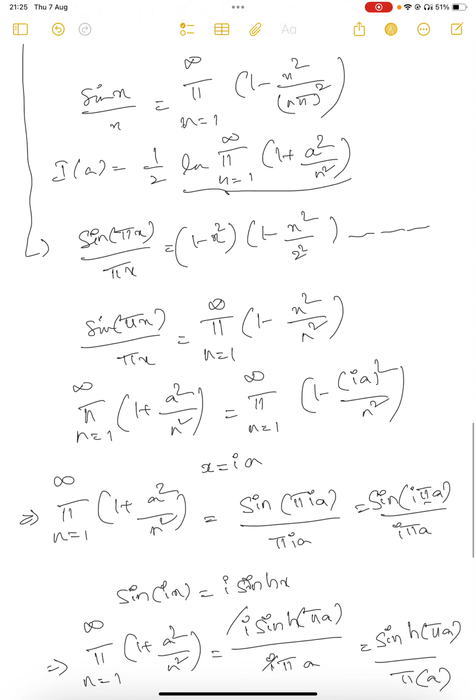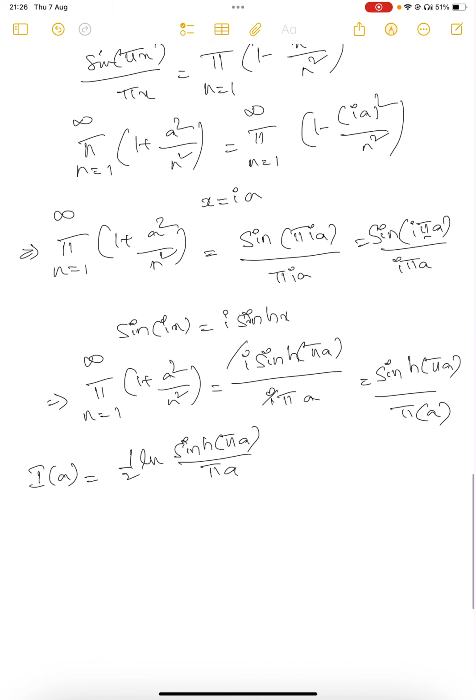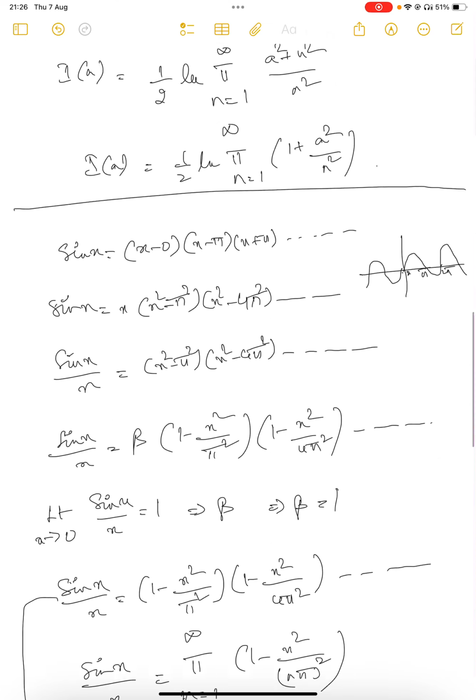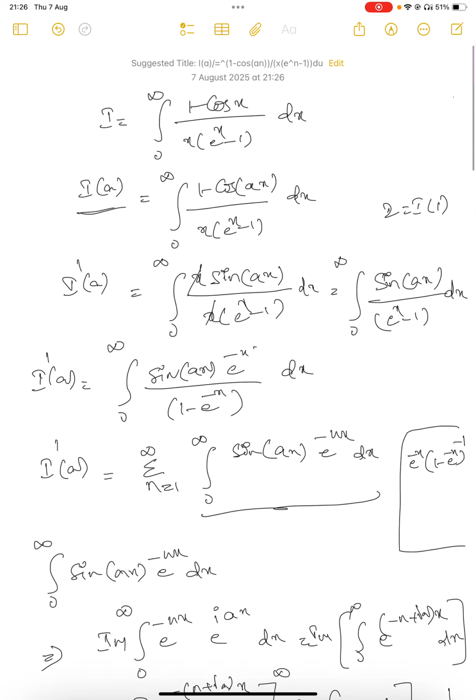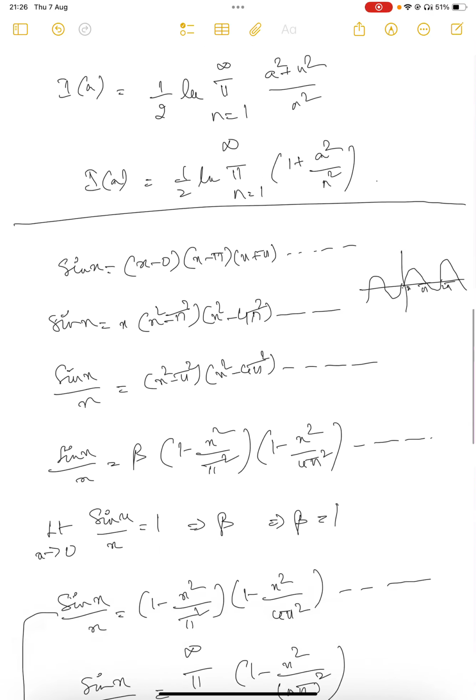That is, I of a equal to, here it is, right, half into ln of product n equal to 1 to infinity 1 plus a square by n square, is sinh of pi a by pi a, right? Our case is I of 1, right? That is a equal to 1.